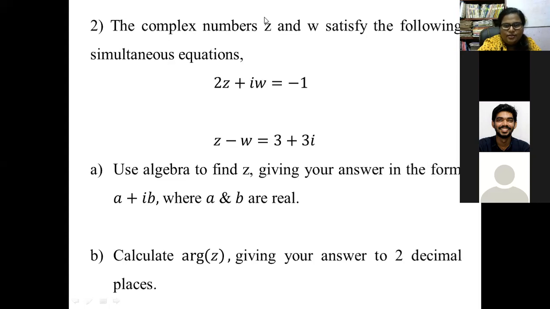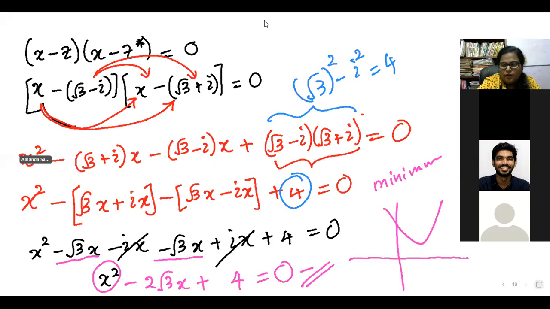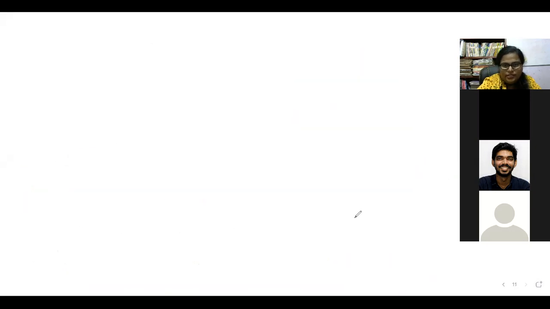There are two methods to solve simultaneous equations. The first one is the substitution method and the second one is the elimination method. You can use one of these two methods to find the complex number Z, right?